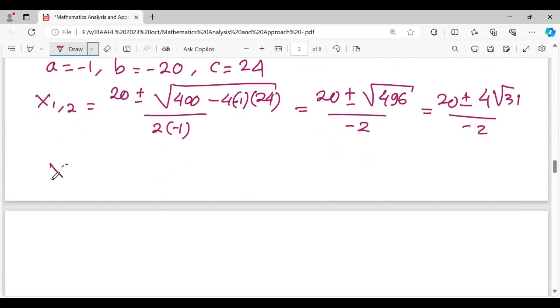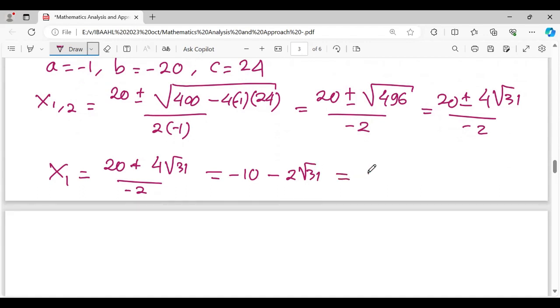So the first x, or x1, is 20 plus 4 square root 31 over minus 2, and it is minus 10 minus 2 square root 31.